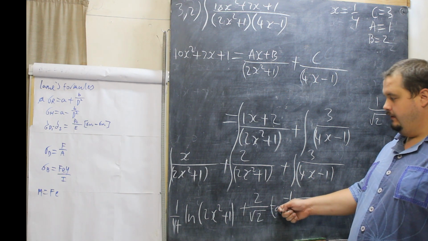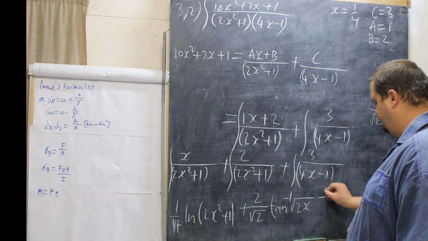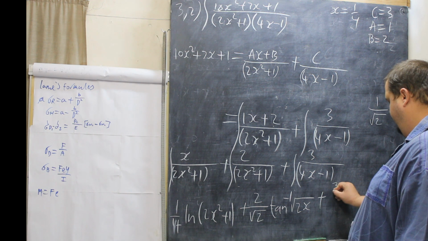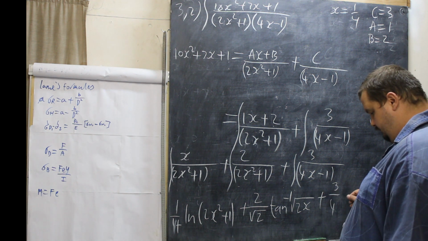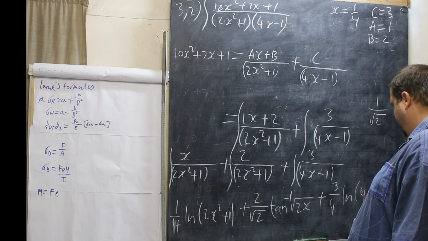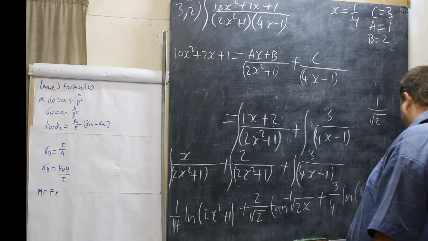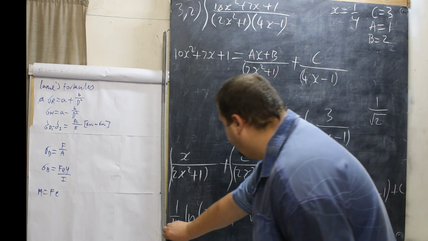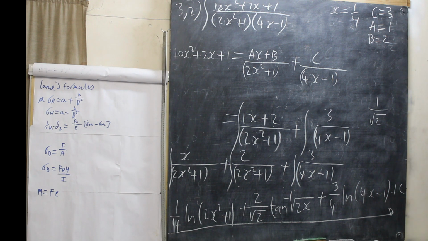This will be in your formula sheet from here. And then finally, plus 3 over 4 ln of 4x minus 1 plus c. And that is our final answer.